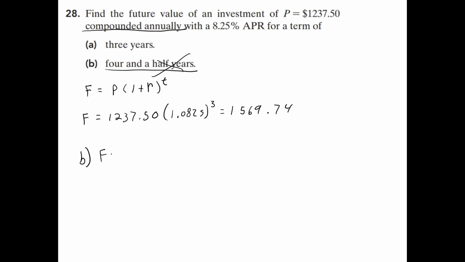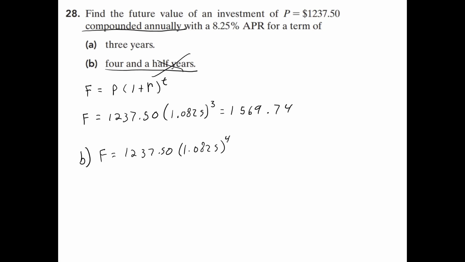So our future value, what we're trying to calculate, we have $1,237.50 as our principal. And we still have the base of 1.0825, but now our exponent is just 4, not 4.5, because we're compounding annually.